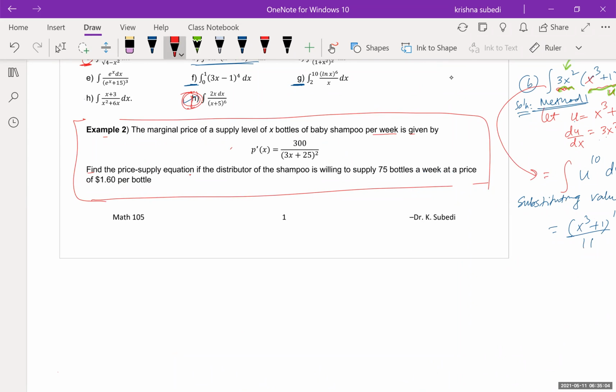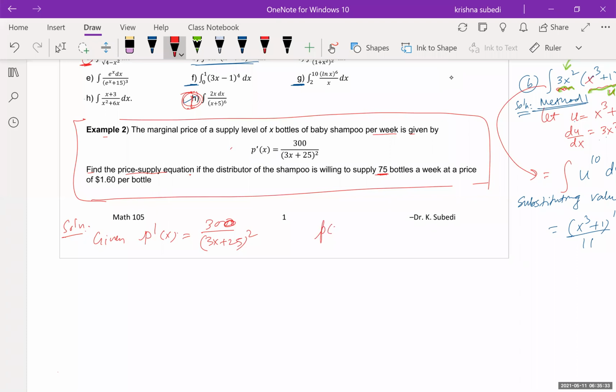Okay, in this example, the marginal price is given. P prime of x represents price, not the profit, and it is given as 300 divided by (3x plus 25) squared. It is also given: find the price supply equation if the distributor of the shampoo is willing to supply 75 bottles.